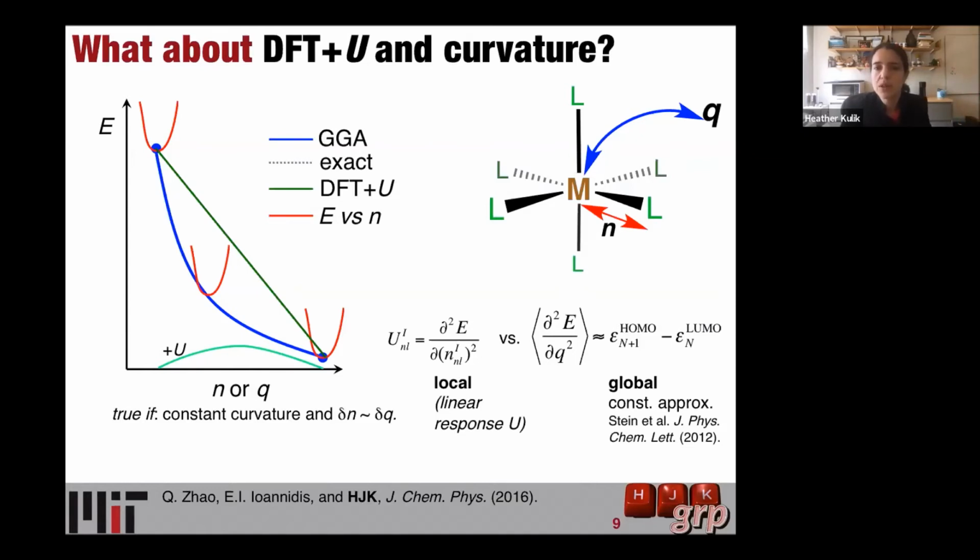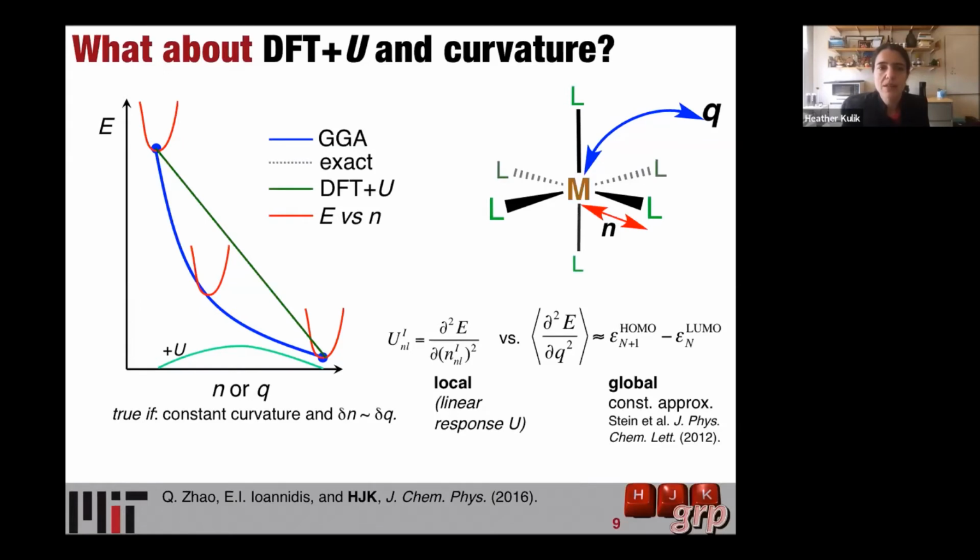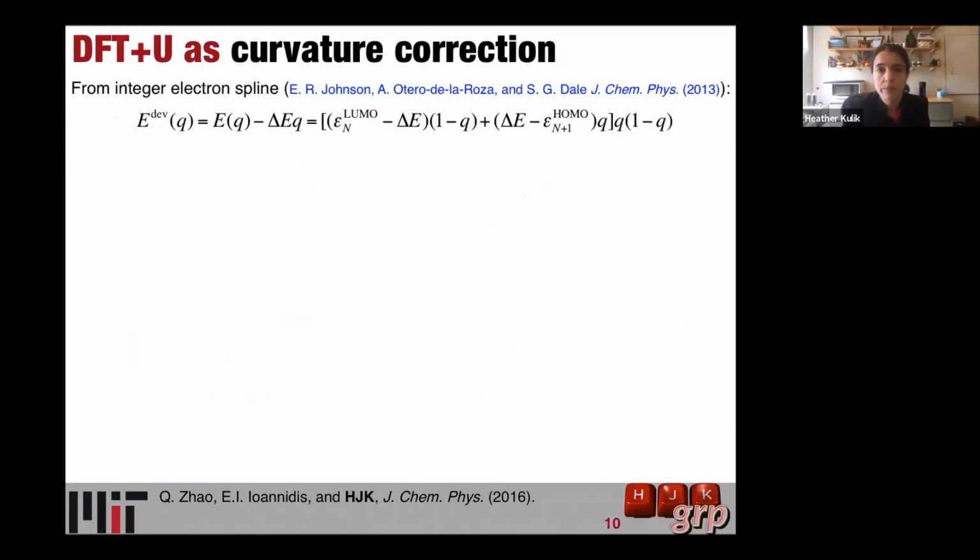And so I just wanted to know, are they the same or are they different? And in turn, even though I've shown you a few schematics, can we correct the lack of piecewise linearity in a DFT functional with the Hubbard U term?